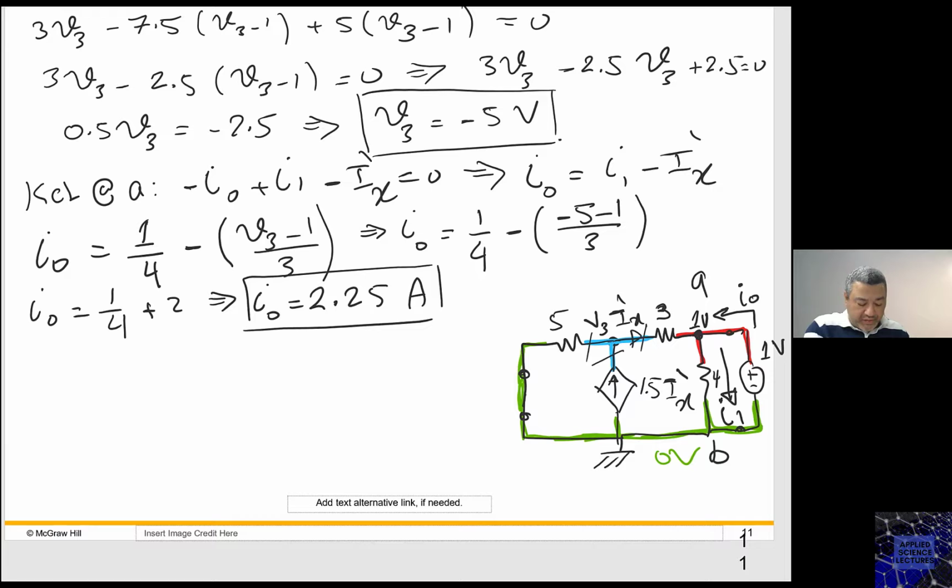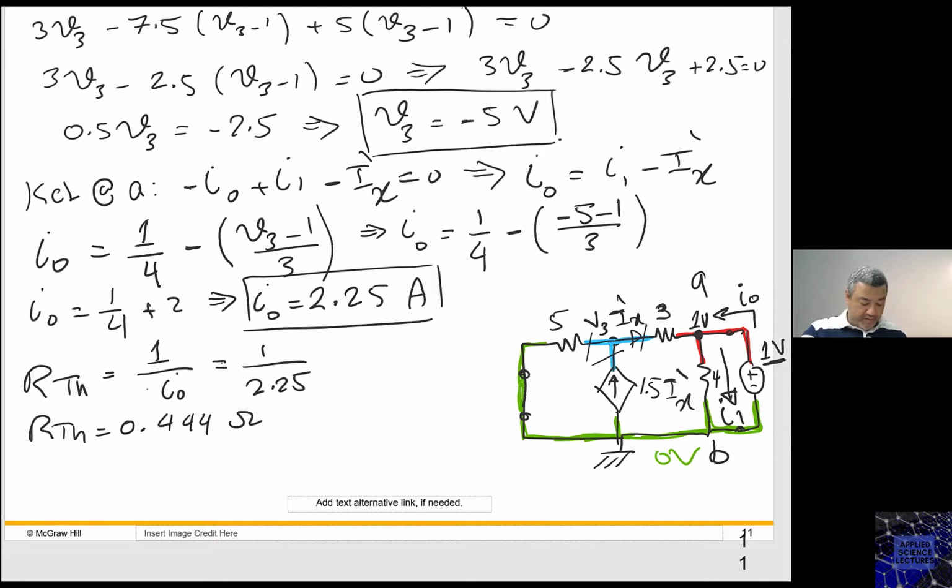So what's our Thevenin? Our Thevenin is this voltage, the source that I put at the output, which is 1, divided by I naught, and this is 1 divided by 2.25. This is R Thevenin, 0.444 ohm, right?